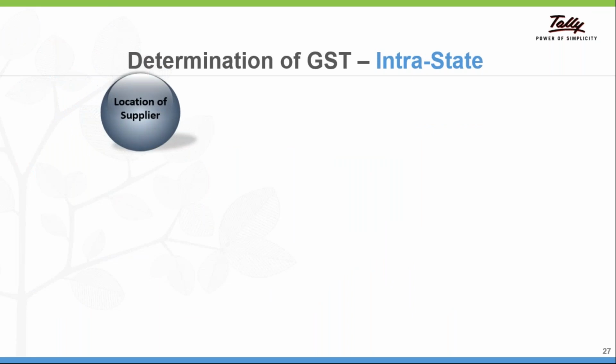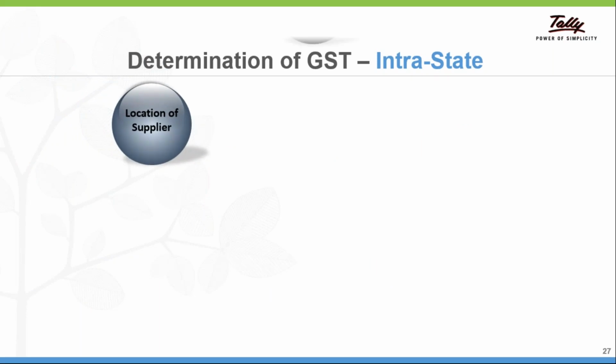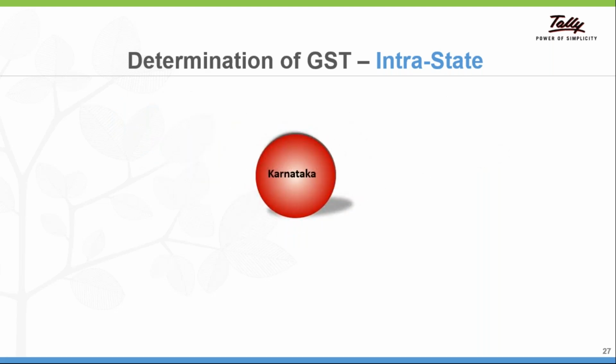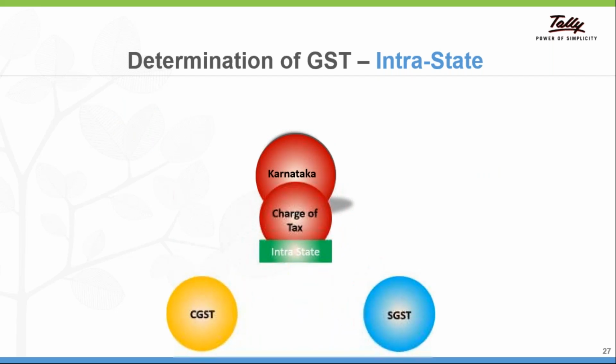For intrastate, where the location of the supplier and the place of supply, that is from where it is being taken and where it is for, are both inside Karnataka, the charges will be central tax and state tax.